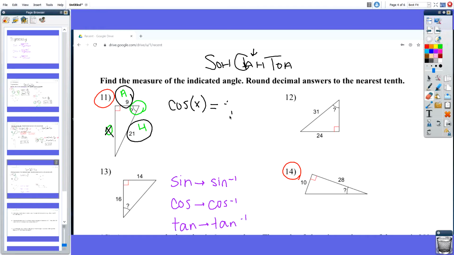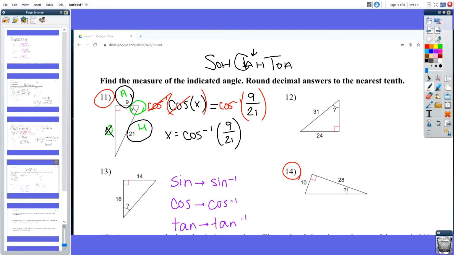So I'm going to give us a little bit of room here so that we can do the inverse cosine of both sides. So what ends up happening here is the inverse cosine and the cosine cancel each other out, and we're left with x is equal to the inverse cosine of 9 over 21.